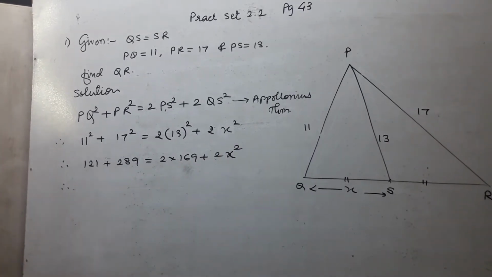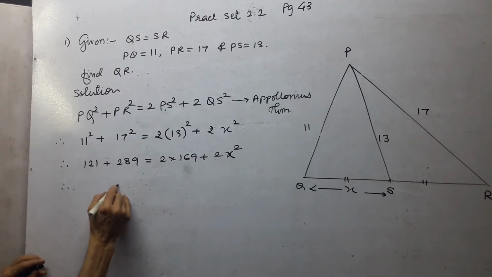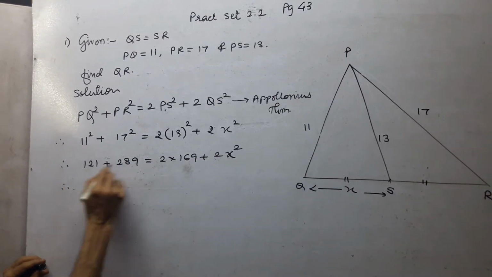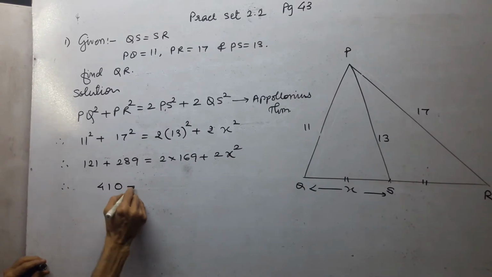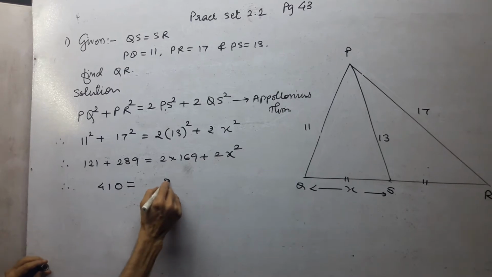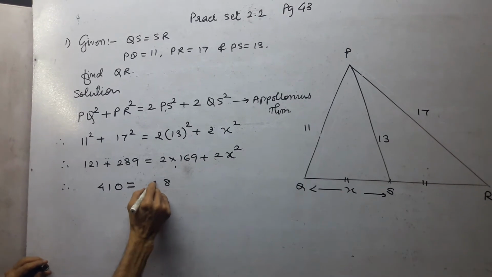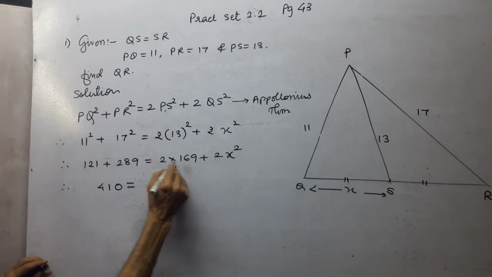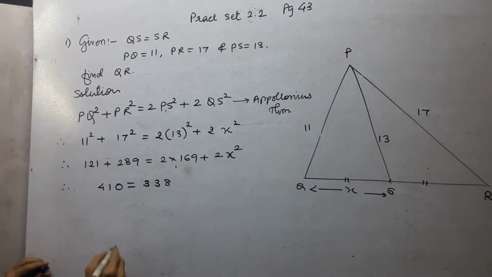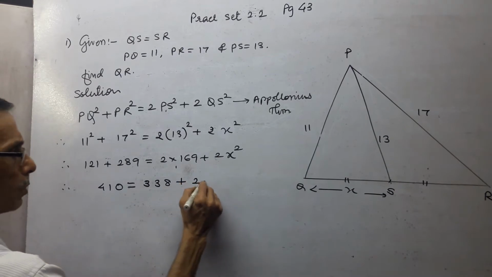Now we are simplifying. 9 plus 1, 10, carry 1. 9, 10, 11, carry 1. So 3 plus 1, 4: 410 is equal to 369, and 9 twos are 18, carry 1. 12 plus 1, 13, carry 1. 2 plus 1, 3. So 338 plus 2x square.